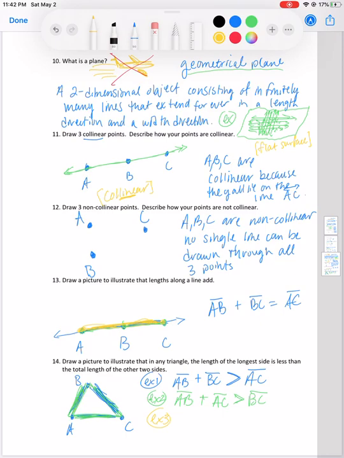Segment AB plus segment, we've used all those ones. Let's go back to segment BC. Let's start with that one, BC. Okay, so segment BC here plus segment AC is going to be greater than AB. Okay, there we go. So we got these three here.